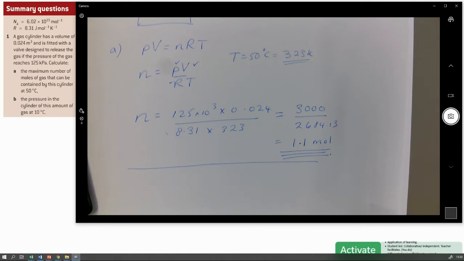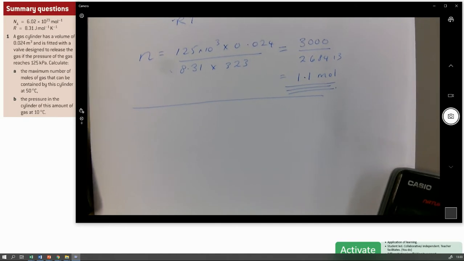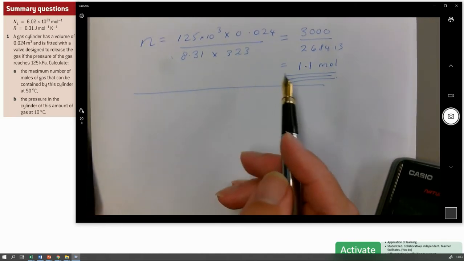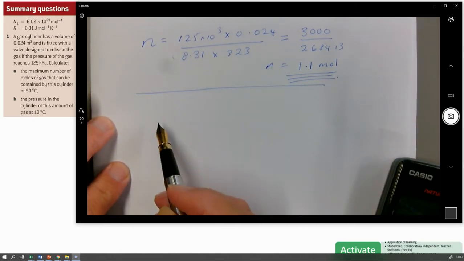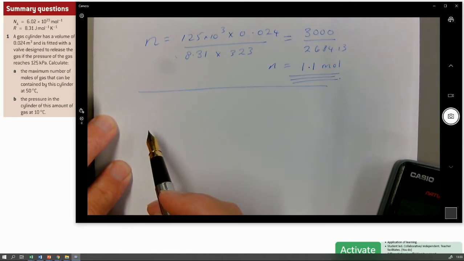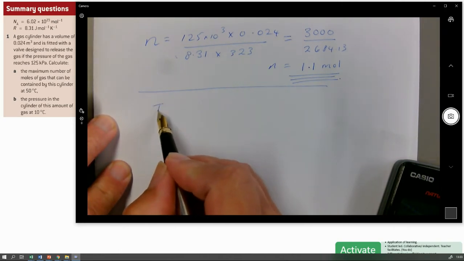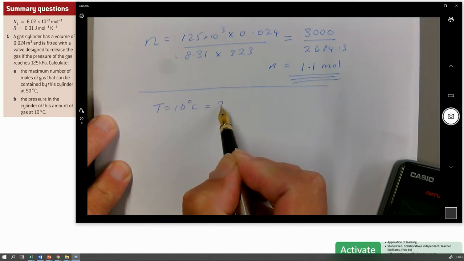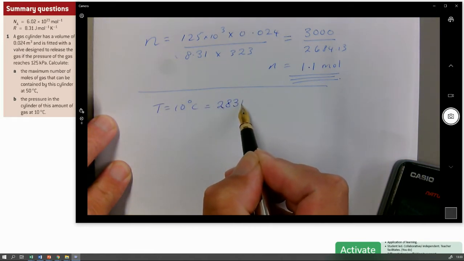Next bit: the pressure in the cylinder when the gas is 10 degrees C. Now we know how many moles we've got because we've just worked it out. So the temperature is 10 degrees C, which is 283 Kelvin.